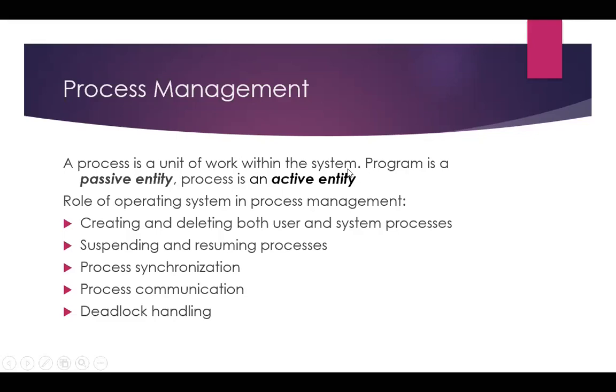So what does the operating system do with the process? The role of the operating system in process management is creating and deleting both user and system processes. So the operating system can either create or delete a particular process. It has overall control on my computer. It can suspend and resume processes.